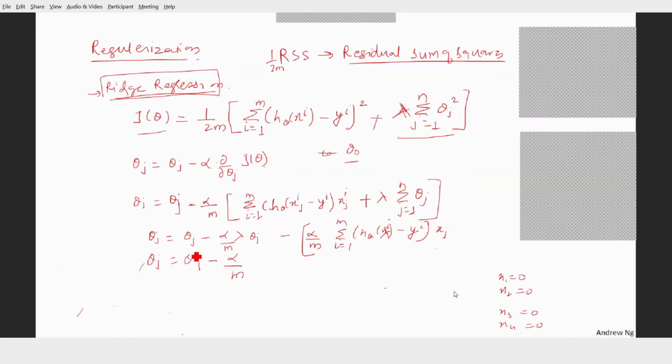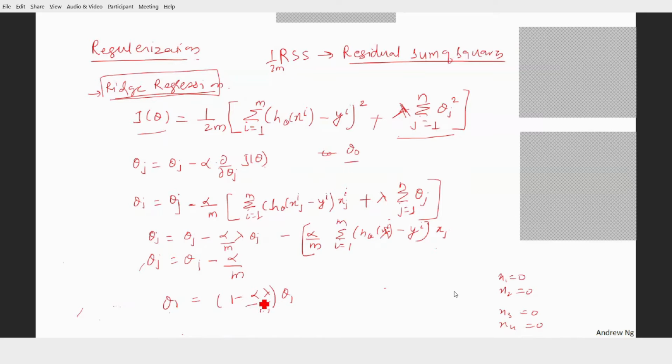Now, when we see this equation, what is the observation? Our theta is going to be this. So what we see is that when I try to update, theta j becomes 1 minus alpha lambda upon m into theta j.